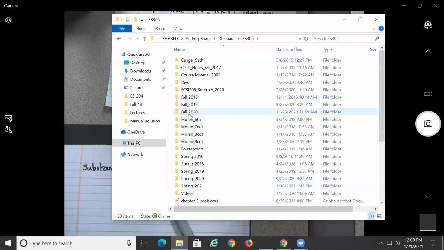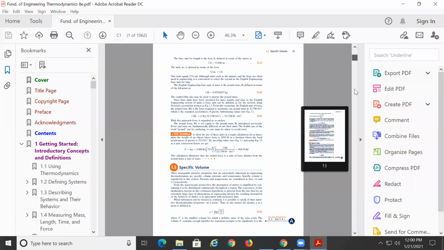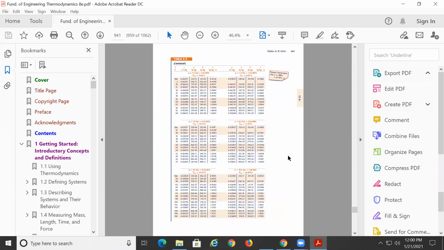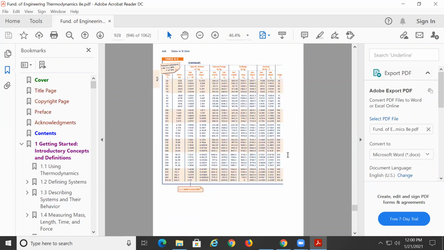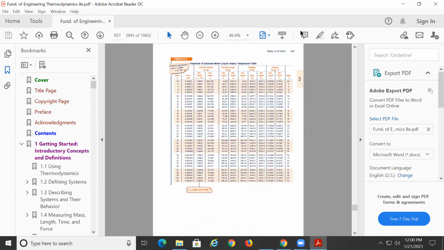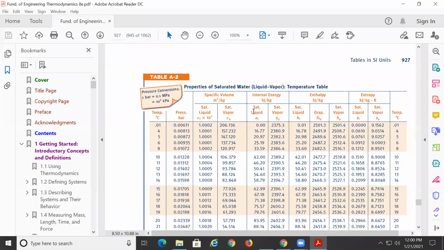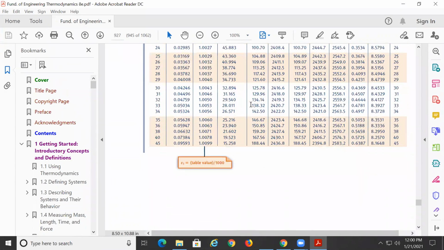So for example, let's see, I have all the bunch of versions. Let's see if I can find water very quick. I think that's water, A1, A2 is water. So maybe table A3.